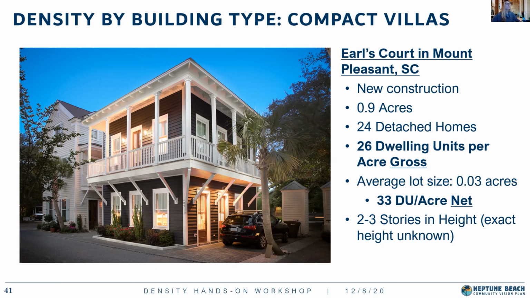And so the gross density is 26 dwelling units per acre. But if we remove the streets and all the common areas, the net density is 33 dwelling units per acre. And these homes range from 2 to 3 stories in height. And again, this is just so you can actually start to understand what the numbers mean in a real built environment.